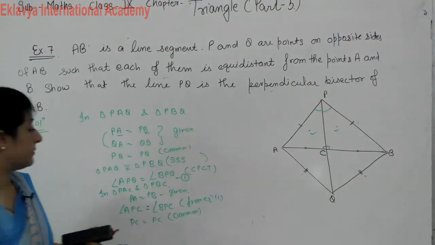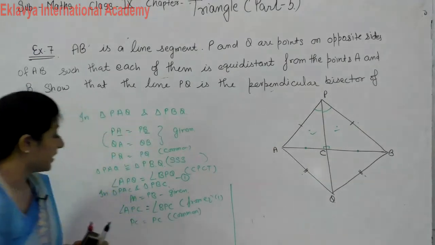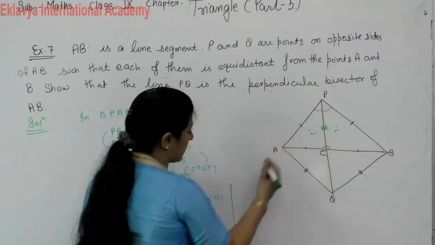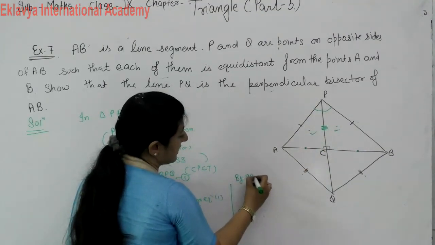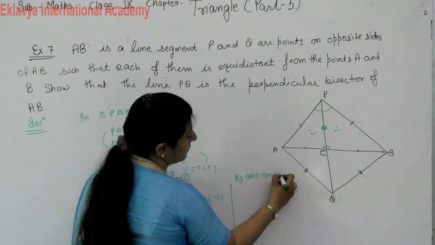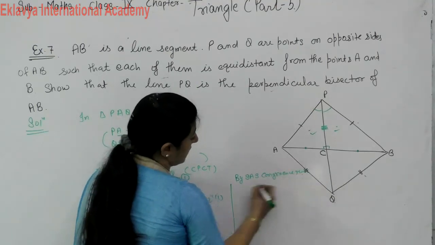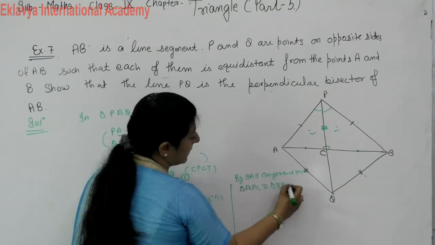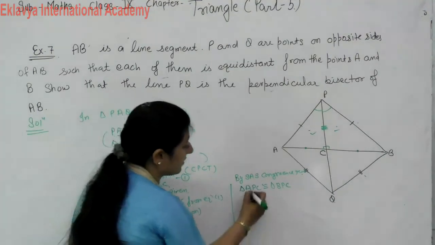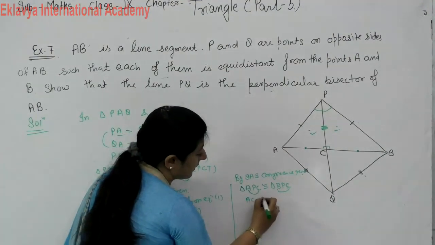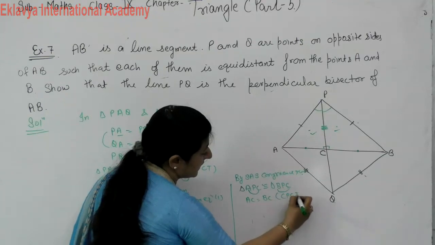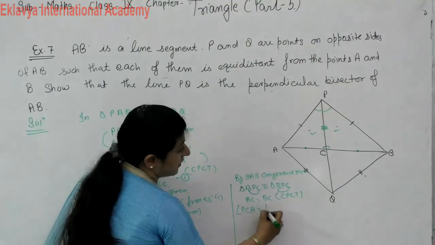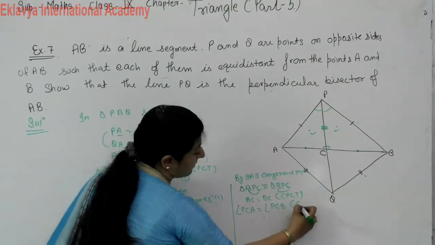Then by which rule? By SAS congruency rule, triangle APC is congruent to triangle BPC. Then AC is equal to BC by CPCT. Angle PCA is equal to PCB, by CPCT.